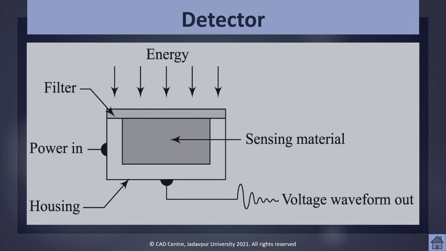Now, let us try to understand the detector. Here we have the filter, for example, through which the light is coming, and there is the detector. In the detector, we need power, and here we have sensing material. This sensing material becomes excited when the energy or light falls on it, and as a result of this excitement, it releases electrons, and then these electrons go out in a voltage waveform.